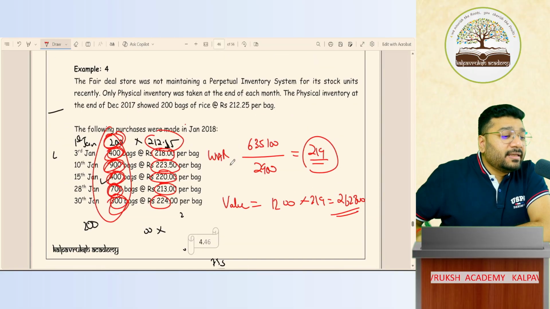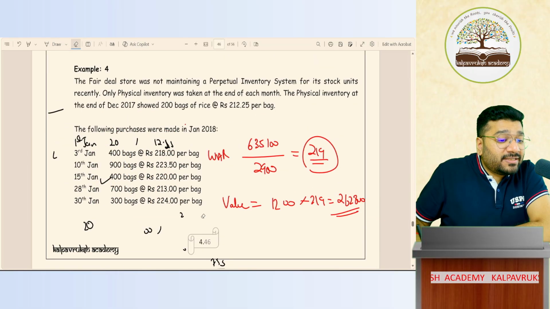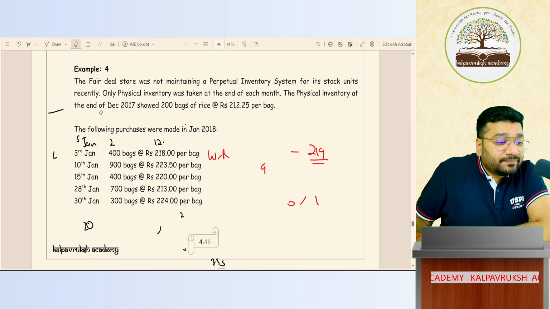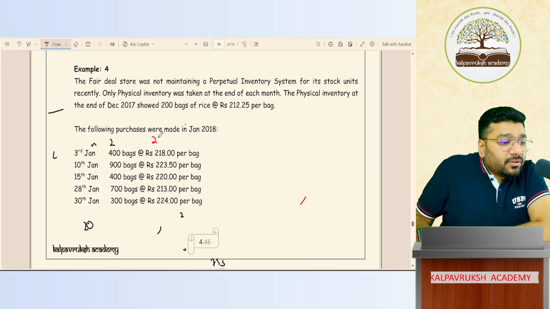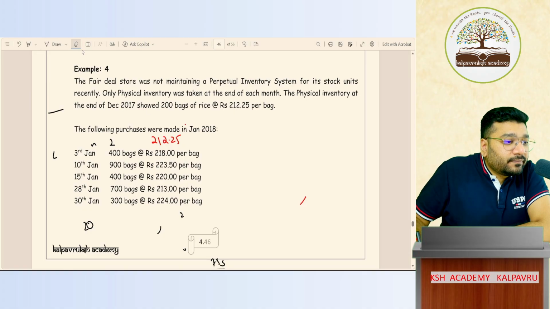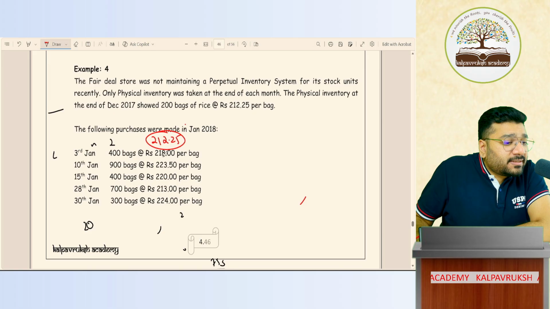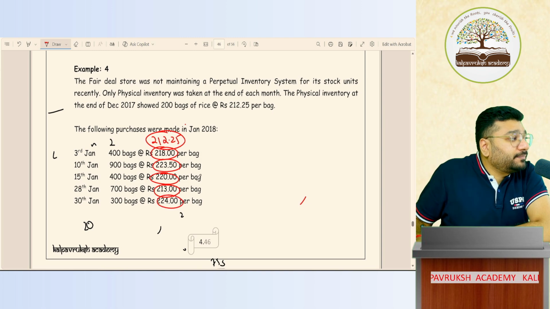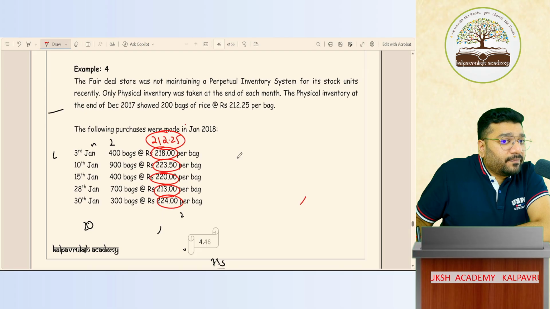Now, simple average. How do you do simple average? Total rate. So opening rate is how much? 212.25 plus 218 plus 223.50 plus 220 plus 213 plus 224. How much? 1310.75.